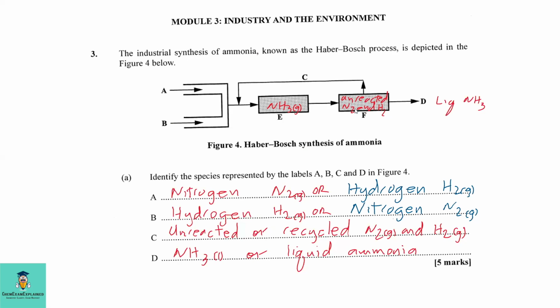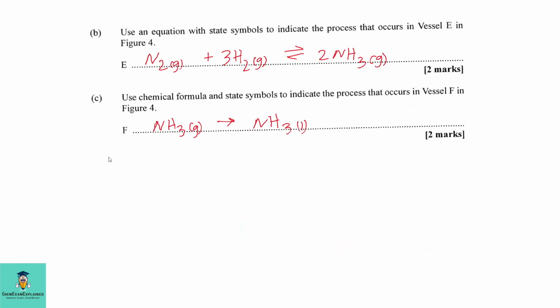What's left would be your ammonia gas that must be removed in the liquid form or the liquid state. So at D is where we have the gaseous ammonia being converted to liquid ammonia where it can be removed. So for our answer, we have gaseous ammonia forms liquid ammonia.